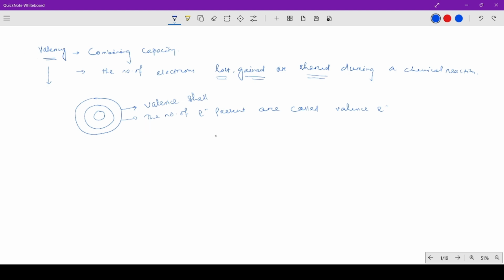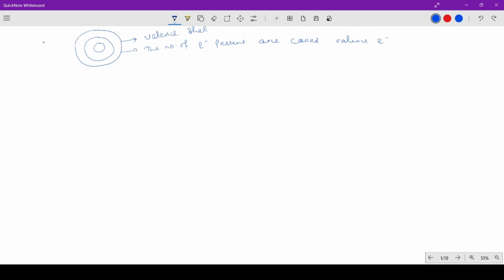So now let us understand how we can calculate the valency of each element from the electronic configuration, up to atomic number 20. Let me write two things. We're talking about valence electrons. Some elements will have one or two or three in their valence shell, and some elements will have 4, 5, 6, 7, and 8.